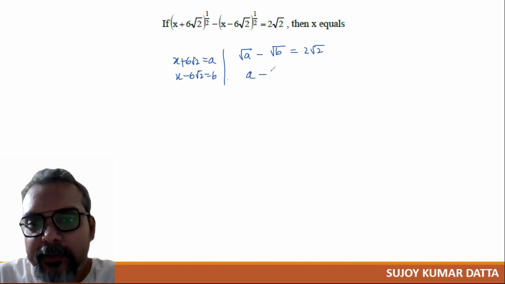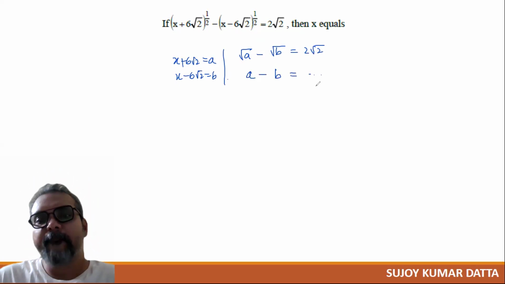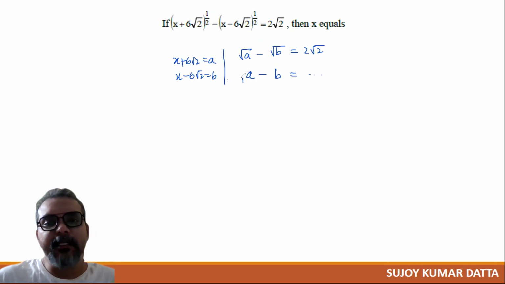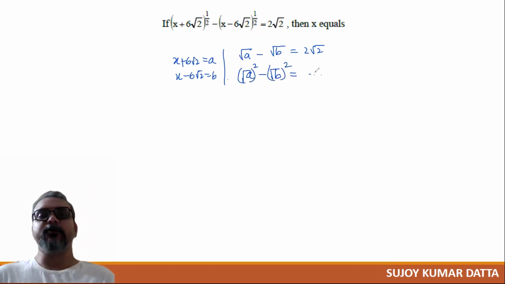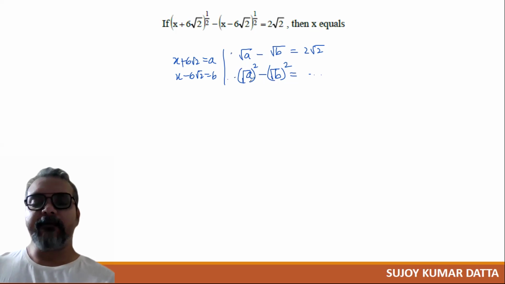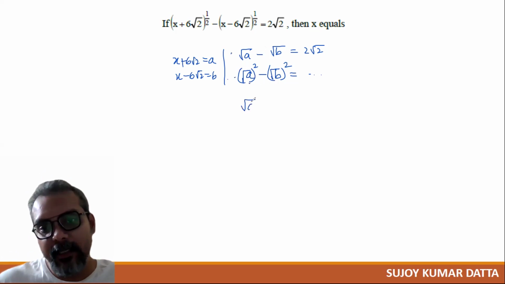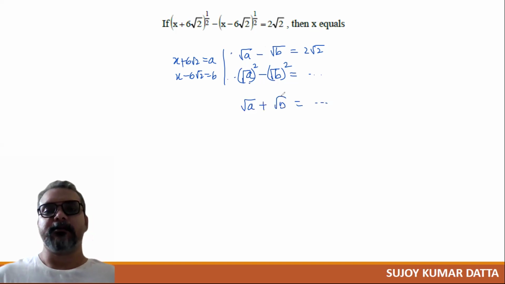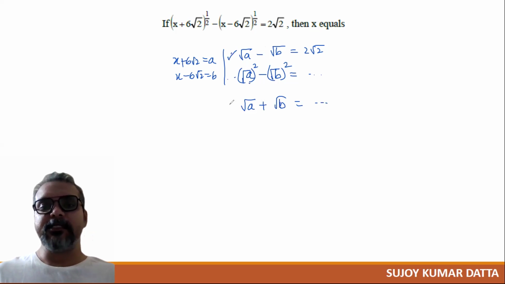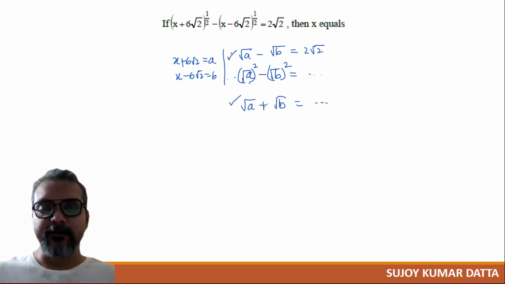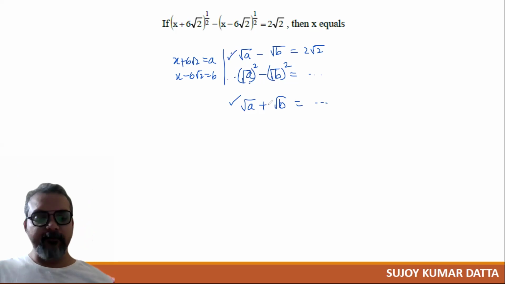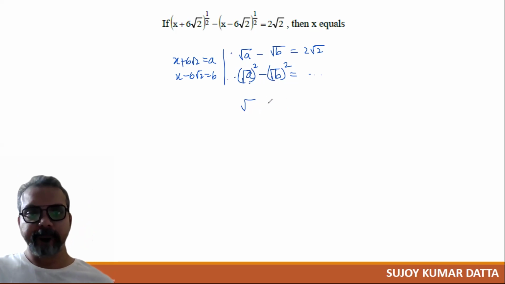But if you happen to know what a minus b is, a minus b is essentially root a squared minus root b squared. If you know this, then you can divide the two equations, a squared minus b squared over a minus b, and get a plus b equal to something. And then simultaneously solve these two equations to find the value of x. So that will be our strategy here.